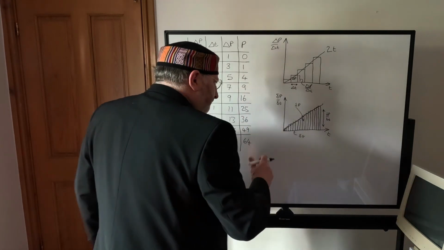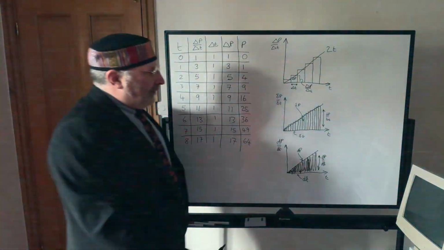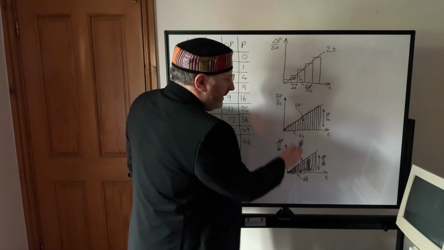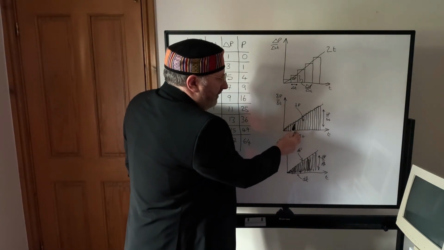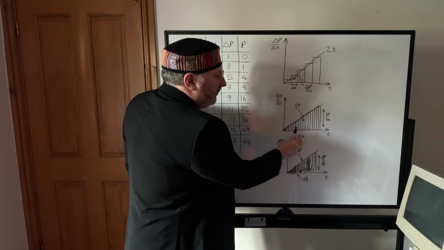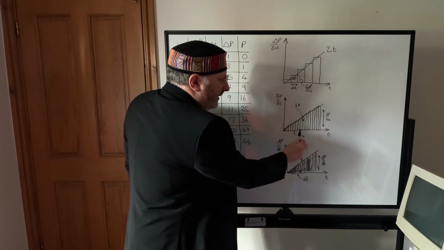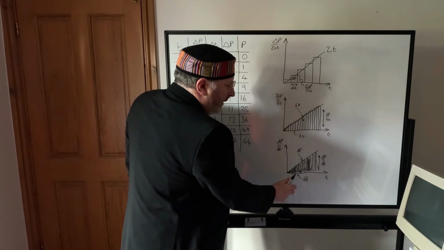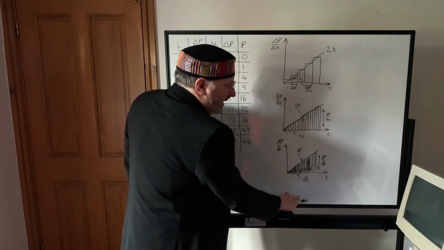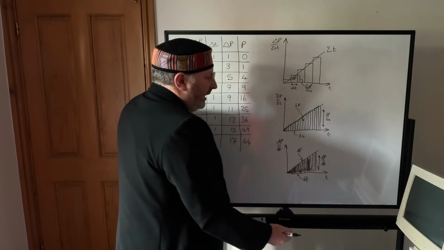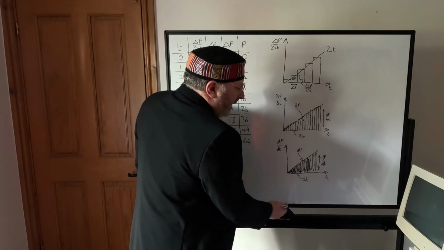So let's have a look at that. Okay, so now taking it to the limit where we make these bars as narrow as possible, so delta t shrinks to 0, which we write as dt, an infinitesimal. The width of each bar is dt.